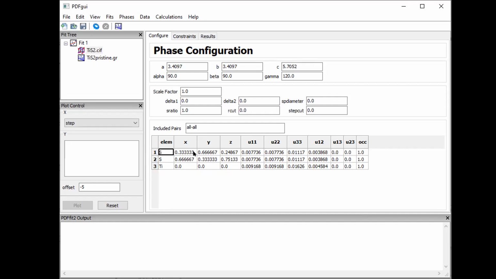That means there should be 2 sulfur atoms in one unit cell, and titanium occupies 1A, right? And I think we mentioned it is 1A because the atomic position is so special. It's at the intersection of all the symmetry elements. So there's only 1 titanium atom in the unit cell and 2 sulfur atoms.